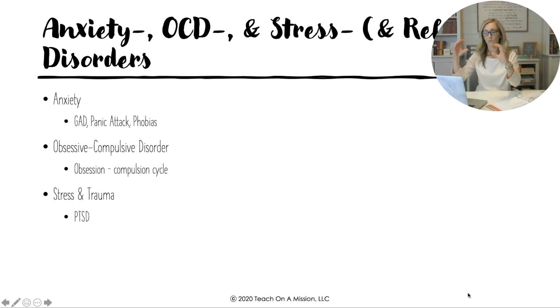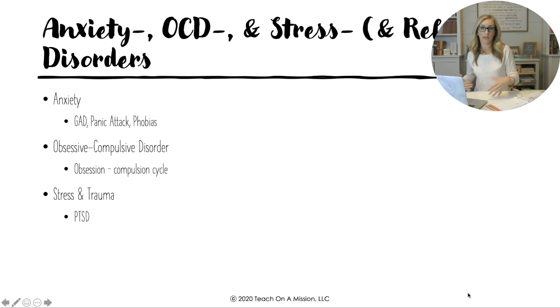All right, a big one here: anxiety, OCD and related, and stress and trauma related. Please note that all 3 of these are different categories, but they're similar, so I talk about them in one set of notes back in the day, but also in these slides. So for anxiety, remember generalized anxiety disorder: anxiety about everything and nothing, where everything is making you anxious.